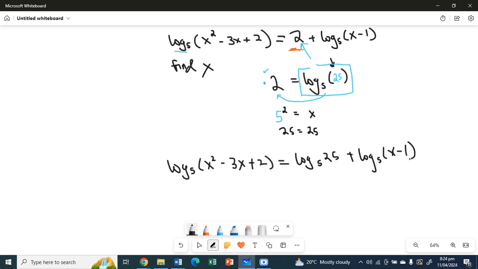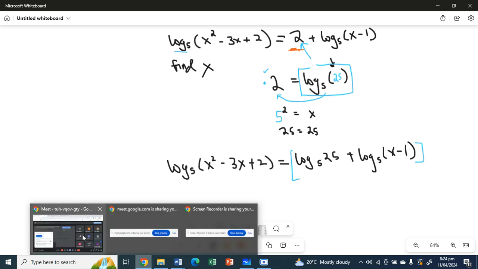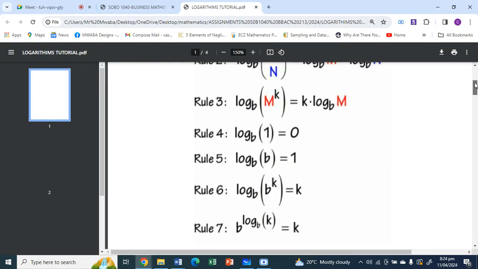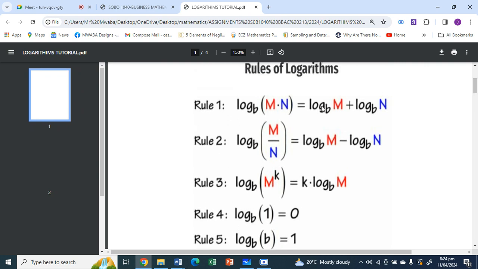So now, the next thing that we can do, since we've seen here, we've got an addition between two logarithms, so we can apply the product rule. So let me just refer to the document so that we see the product rule. The product rule is here. All right, whenever you see logarithms being added, you can apply the product rule.